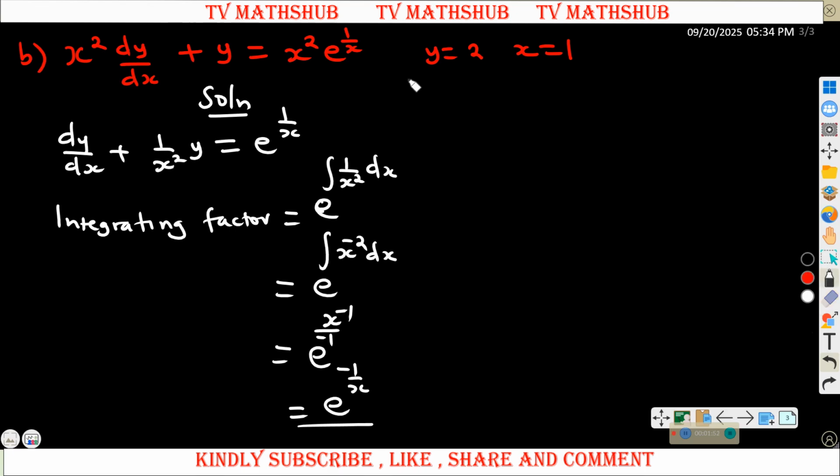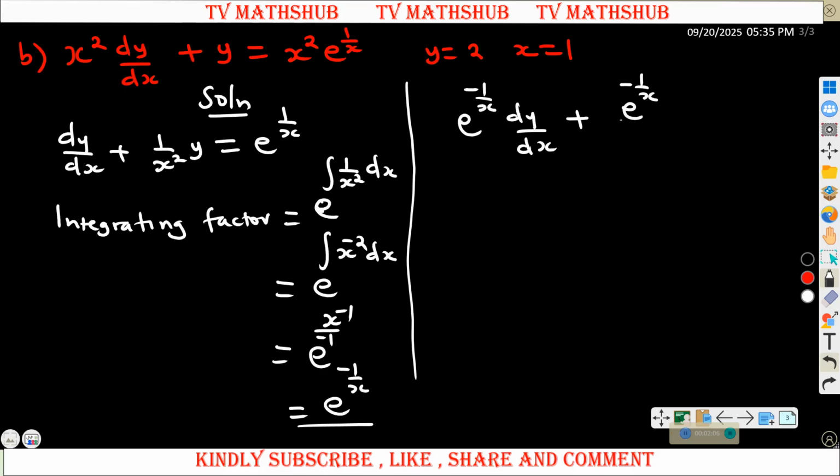When you multiply it there, it will give us e to the power of negative 1 upon x dy/dx, plus e to the power of negative 1 upon x over x squared y, which is equal to e to the power 1 over x times e to the power negative 1 over x. From here, you will obtain the main function.